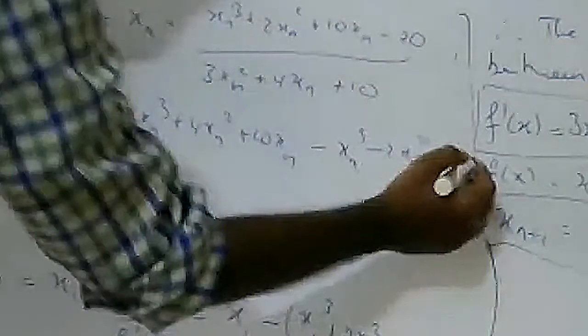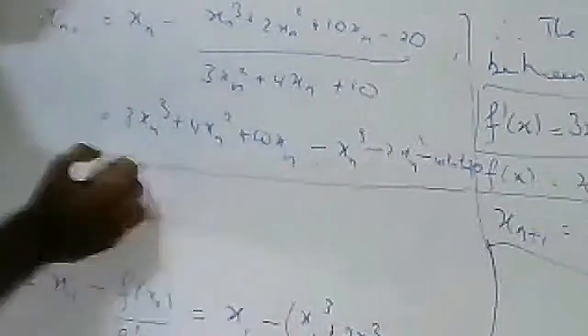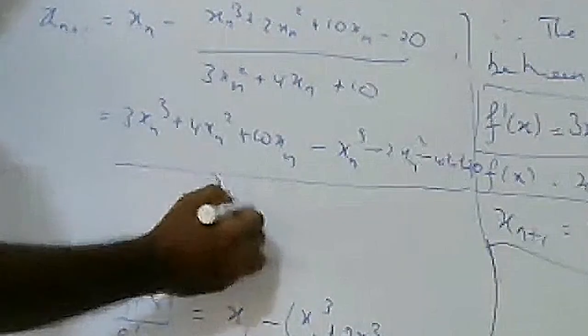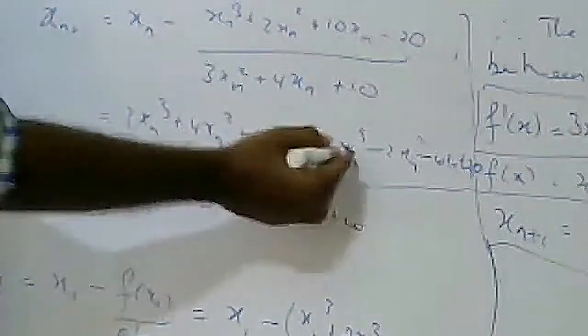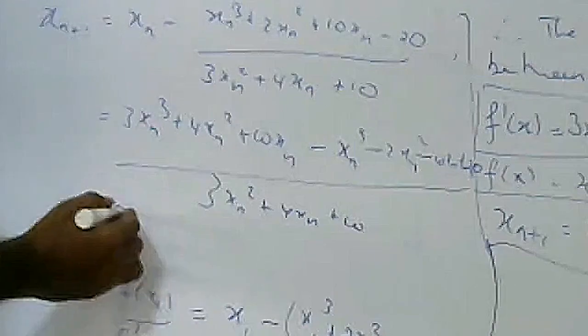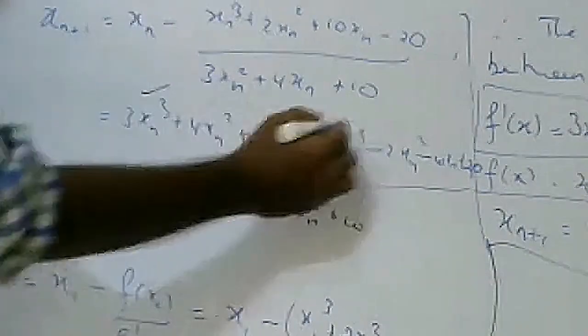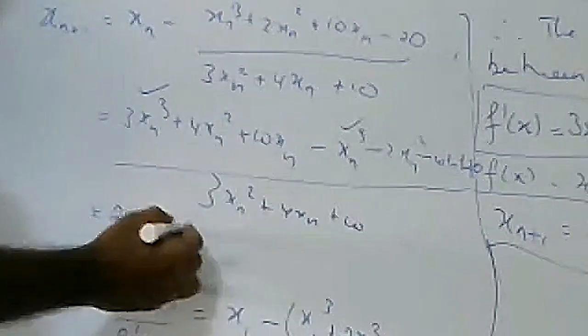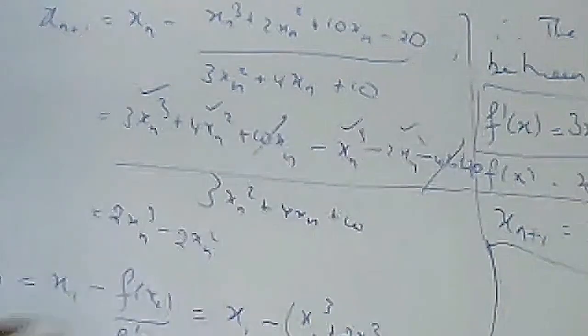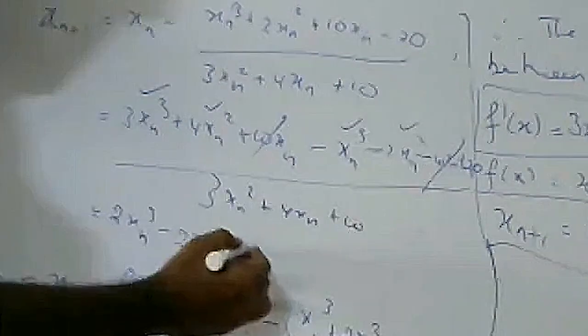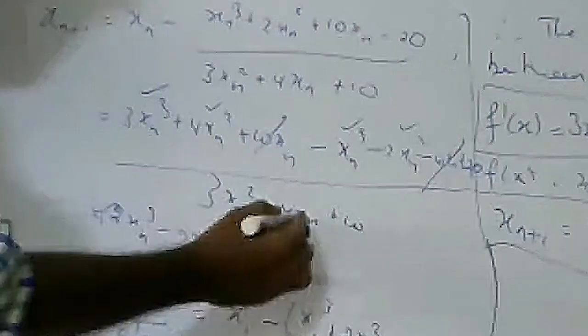So 20, divided by the denominator 3xn square plus 4xn plus 10. 3xn cube minus xn cube is 2xn cube. So xn cube is done. Next, 4xn square minus 2xn square is 2xn square. Next, 10xn cancels. The remaining is 20 divided by this particular denominator.